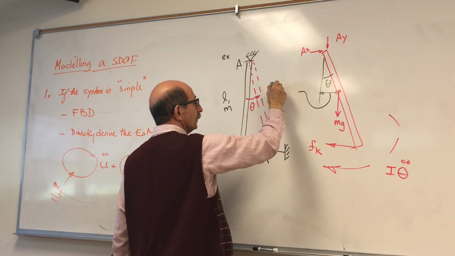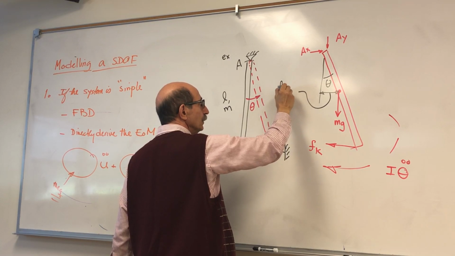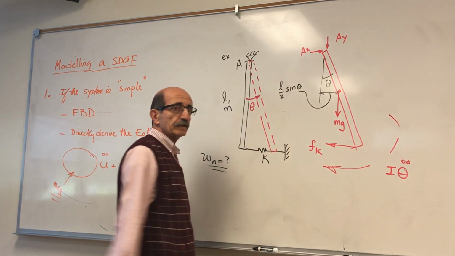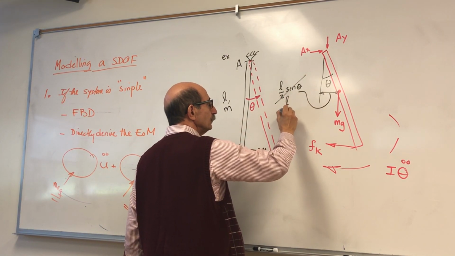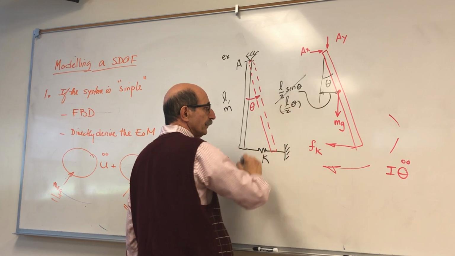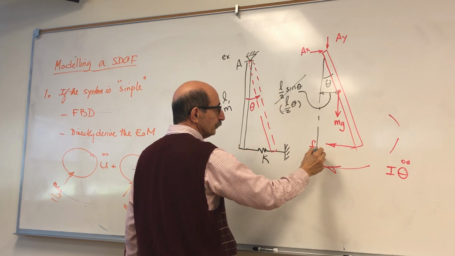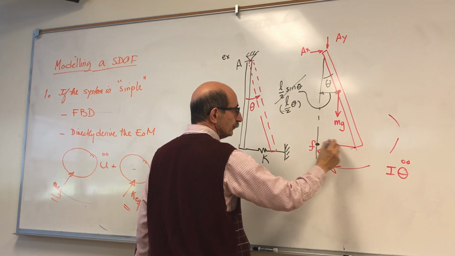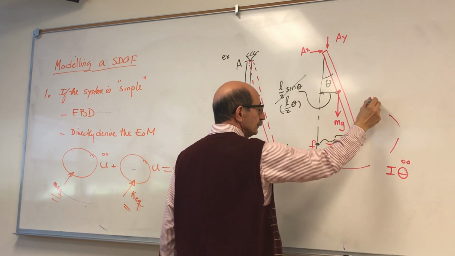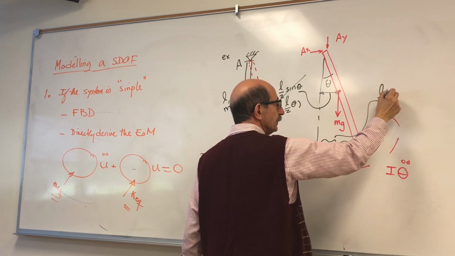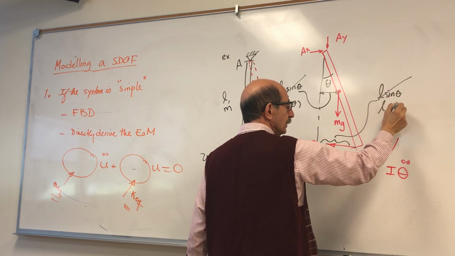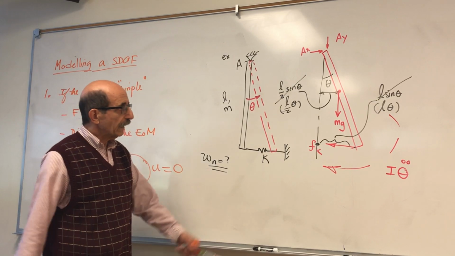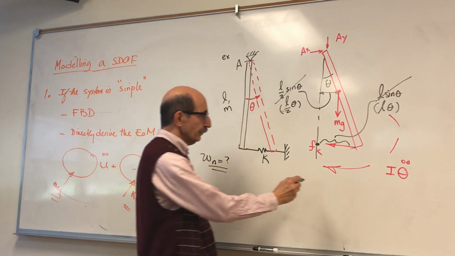This is L, this would be L over 2 sine theta. And if the angle theta is small, this would be just simply L over 2 theta. How about the displacement of this spring? This would be L sine theta, or if theta is small, just L theta. So that's the free body diagram, right?